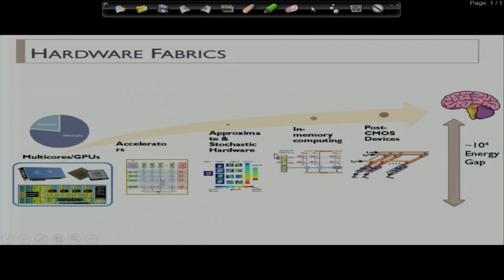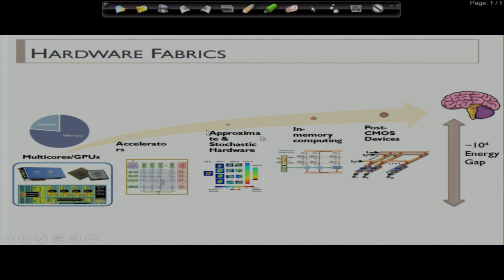The hardware fabrics: you can use multi-core GPUs, you can use accelerators, you can use approximate and stochastic hardware, you can use in-memory computing, and then post-CMOS devices or changes in the CMOS devices, so that the device itself will have the corresponding memory itself.